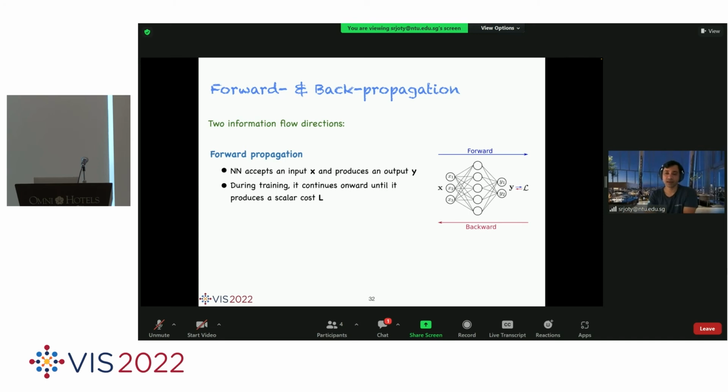Okay. And then backpropagation is where you'll be computing the gradient so that you can apply a stochastic gradient based optimization method, so that you can take the next step in your optimization.